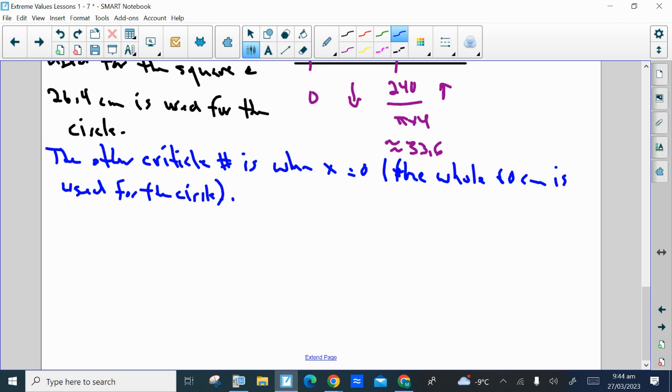And so we can find out what the area of the circle will be there by letting x equal 0 in our formula for area of the circle, which remember was pi bracket. This will be A at 0.